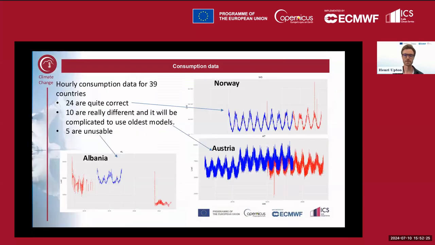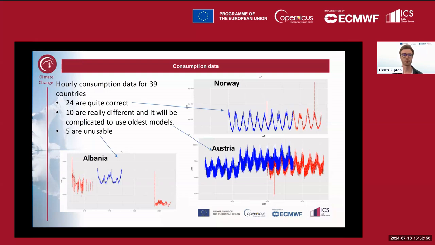And after we analyze the data, the quality of the data we queried, we can split the different countries into 3 different cases. We have 24 countries for which we observe a consistent amount of data and a very good quality of data.